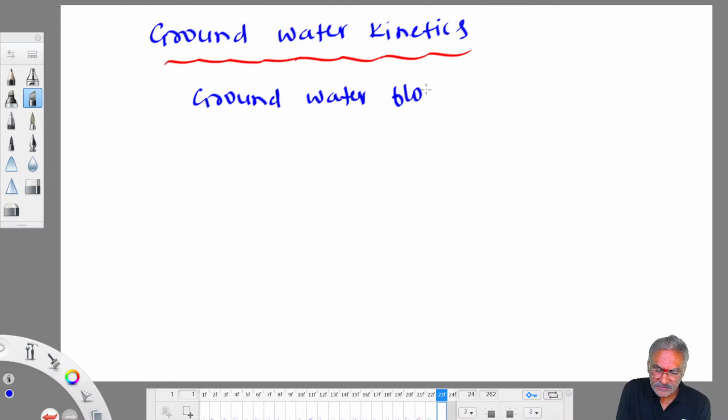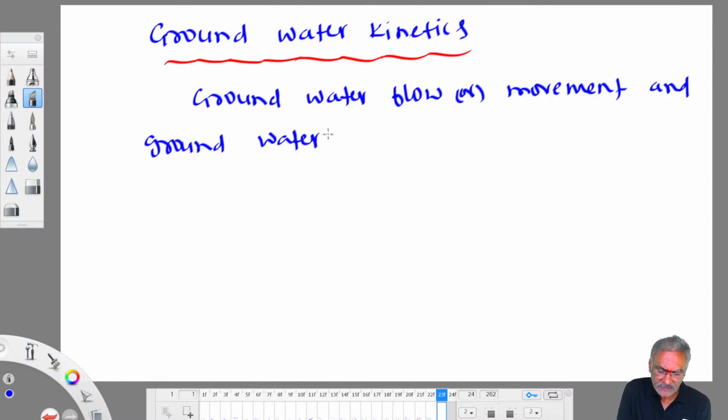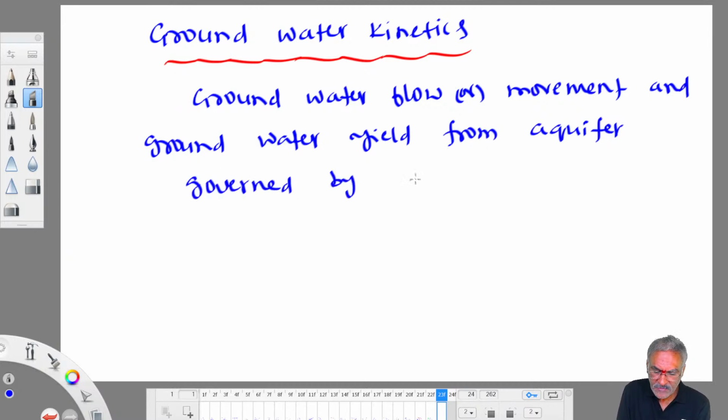Groundwater flow or movement and groundwater yield are governed by Darcy's law.